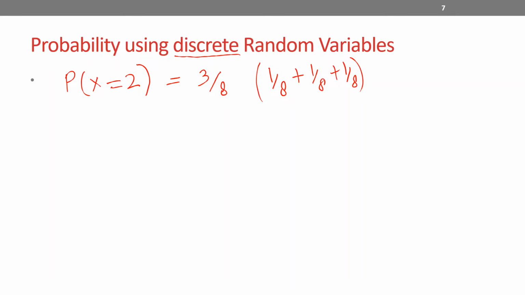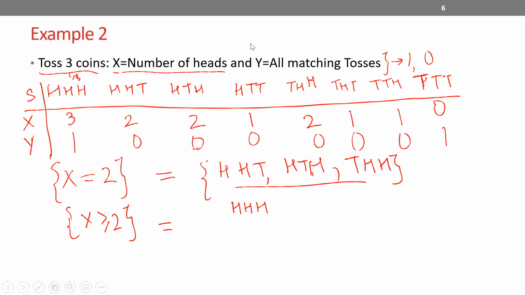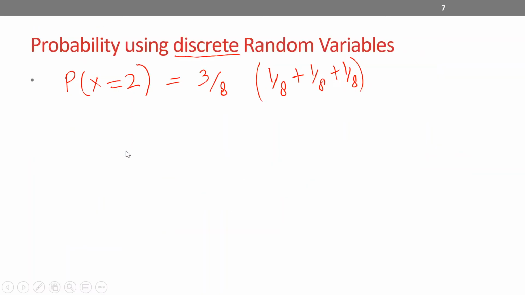What happens if I'm interested in calculating the probability of X greater than or equal to 2? In this case, remember 4 of these, so I'll add 1/8, 1/8, 1/8, and 1/8, which is 4 over 8, which is 1 over 2.